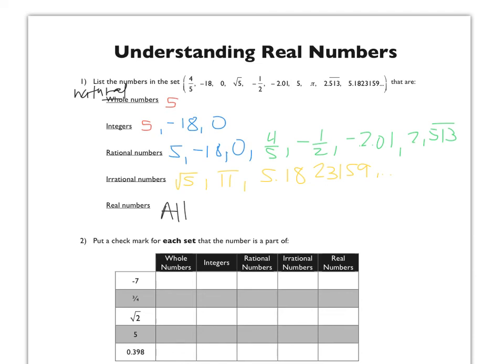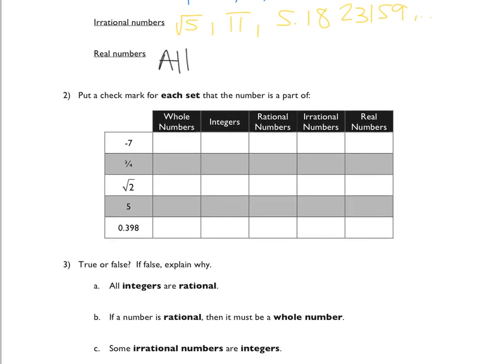Okay, we're going to do just this one more thing. We're going to ignore that last true and false part. Here we want to go through each of these numbers and just check off which of those sets they belong to. Okay, whole numbers, which we want to change that to say natural. Negative 7 is not natural, but it is an integer, and then that means it's rational and real.